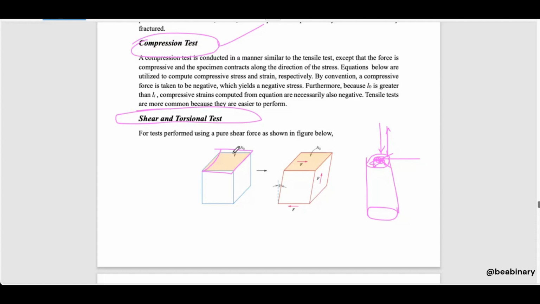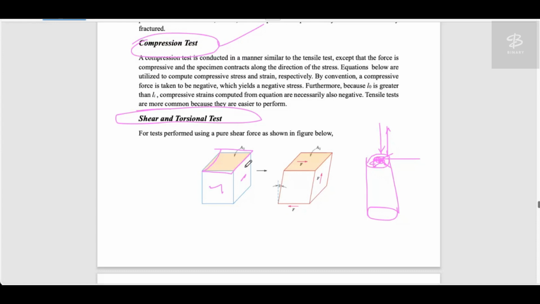If the application of the force is parallel to the area, it means the area which is going to take part in the test. You can say all faces of the rectangular bar are areas, but that area is not going to be in contact with the load.